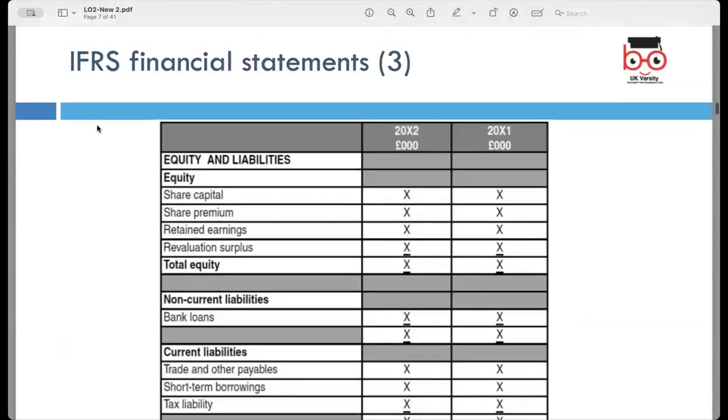Equity and liabilities. Statement of financial position, continued. The equity and liabilities section of the statement of financial position shows how the assets are financed, either through shareholders' equity or through liabilities.